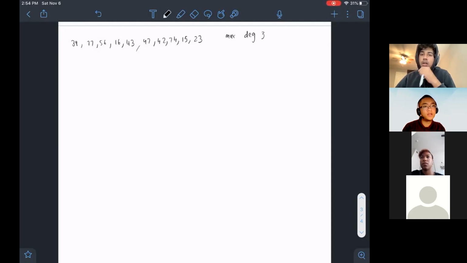Then 16 would go to the left of 39. Let me create spaces. 16 would go to the left of this, and then 43 would go to the right of 39. That would move 39 up, bump it up, to 56.